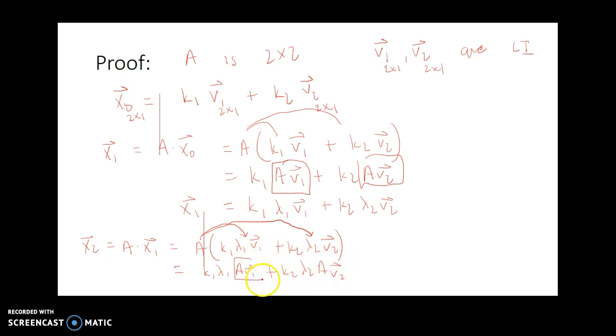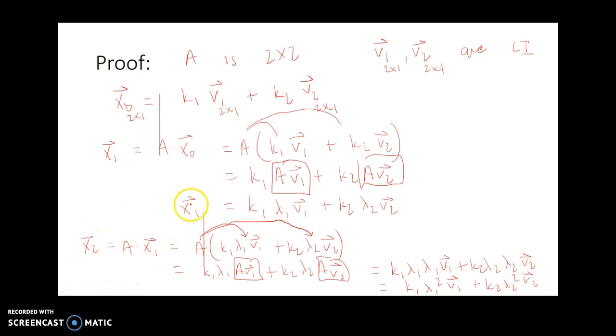Again, I make the same substitution: A v1 and A v2 are equal to lambda 1 v1 and lambda 2 v2 respectively, so I get k1 lambda 1 squared v1 plus k2 lambda 2 squared v2. Lambda 1 times lambda 1 is lambda 1 squared, lambda 2 times lambda 2 is lambda 2 squared.